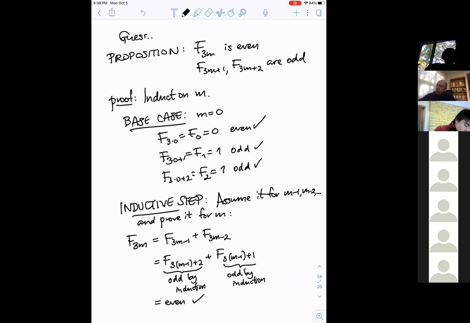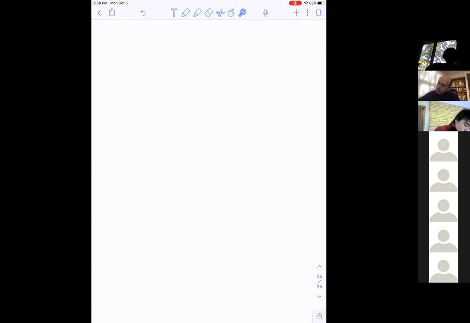And maybe I won't do all three cases. We just check this one in the inductive step. Let me check this one, and I'll leave it to you to check the F3M plus 1 case. Use the recurrence to say that's F3M plus F3M minus 1, in other words, the sum of the previous two values.